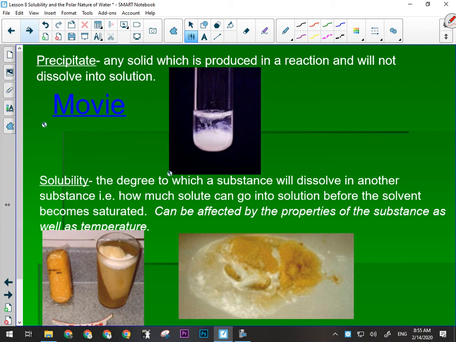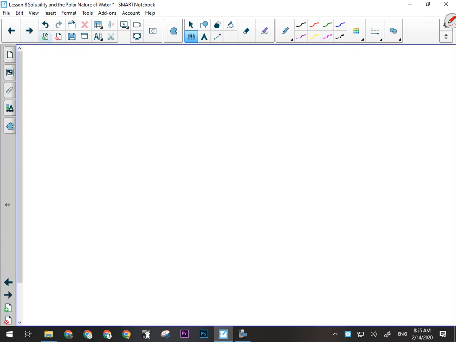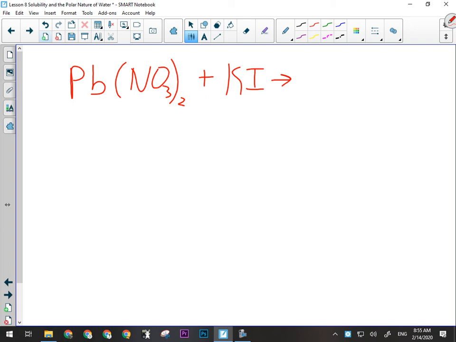Now, that happens through a process like this. If I take this stuff here, lead 2 nitrate, and I react it with potassium iodide, a reaction occurs where, just like Dalton said, atoms are going to be rearranged.